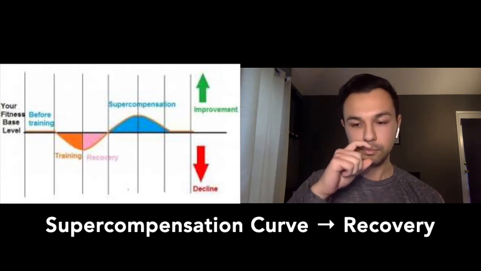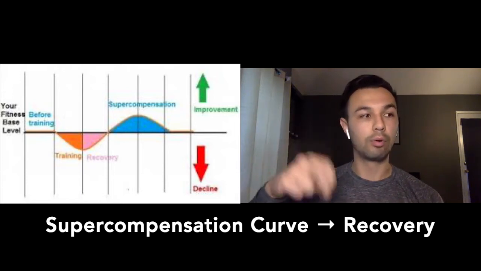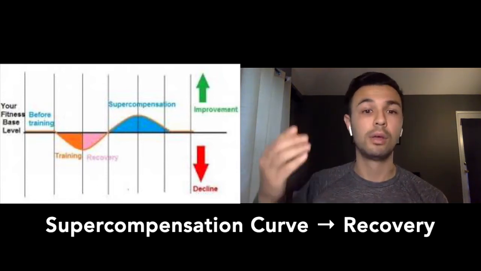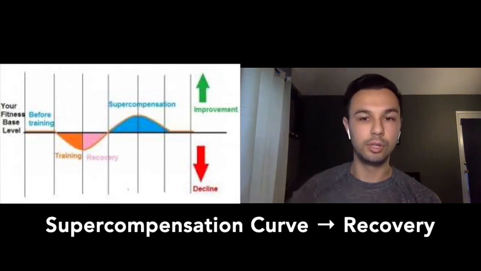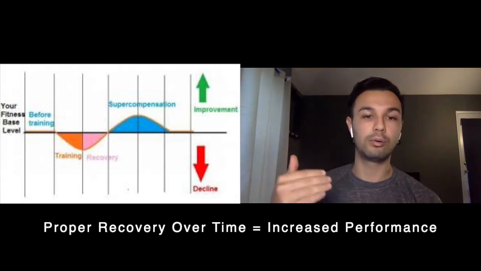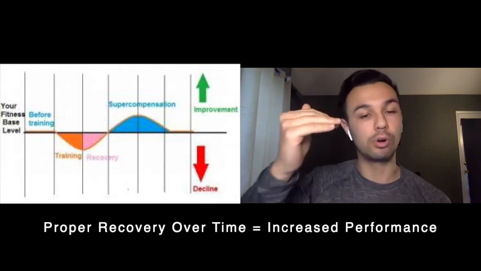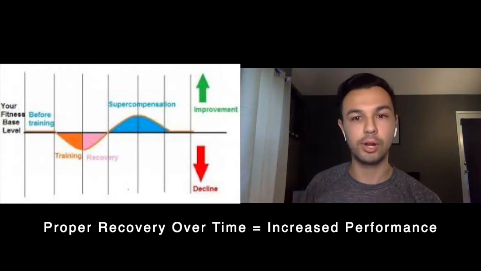Before we train chest, we're at 0, 0. Once we begin the workout, we start dipping down into the negative part of the graph because, as we know, when we train, we don't get stronger. We actually break our muscle down and we get a little bit weaker as we train.